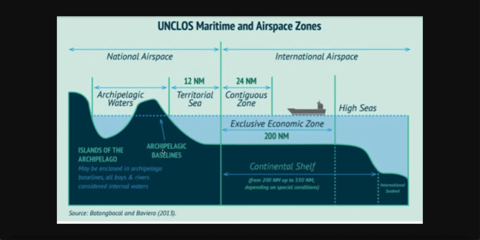They're all straight lines, all shown in the diagram as straight lines. Why did they show them that way? Because they're just trying to show a diagram, but they're making it what it really is, which is straight lines. You have international airspace, straight lines. National airspace, straight lines. Exclusive economic zone, 200 nautical miles, straight. It's always a straight line.